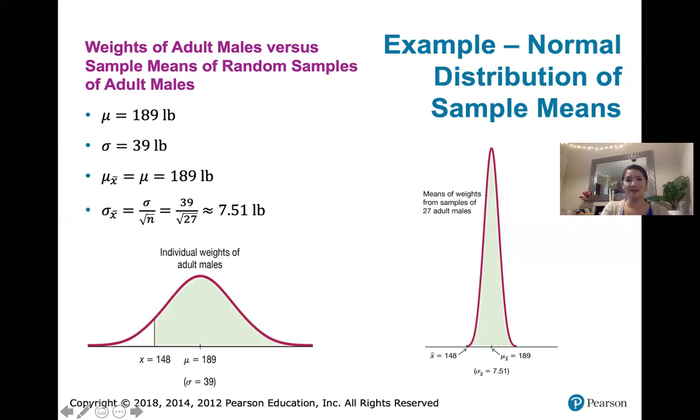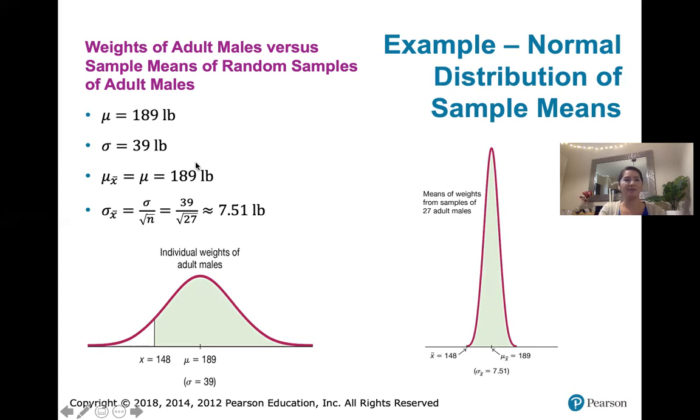Notice that this distribution on the right is tall and skinny, and this distribution on the left looks more like a traditional normal distribution. They're both normal distributions. This one just has a smaller standard deviation.